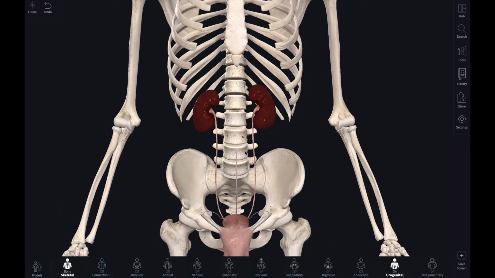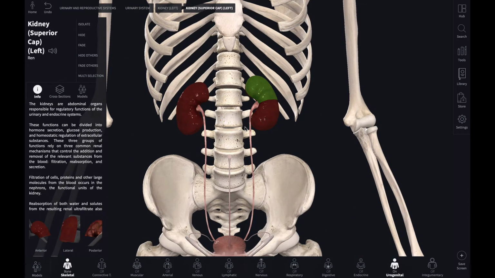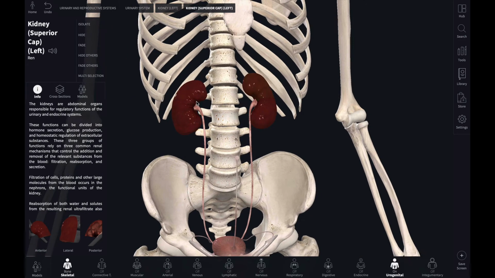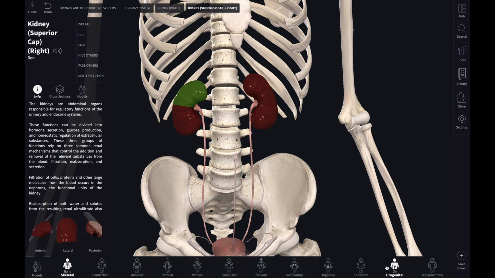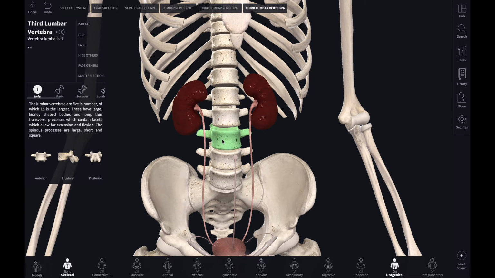Okay, and this is the right kidney, and this is the left kidney. So what happens here? This kidney is present exactly at the T12 vertebra to L3 vertebra.